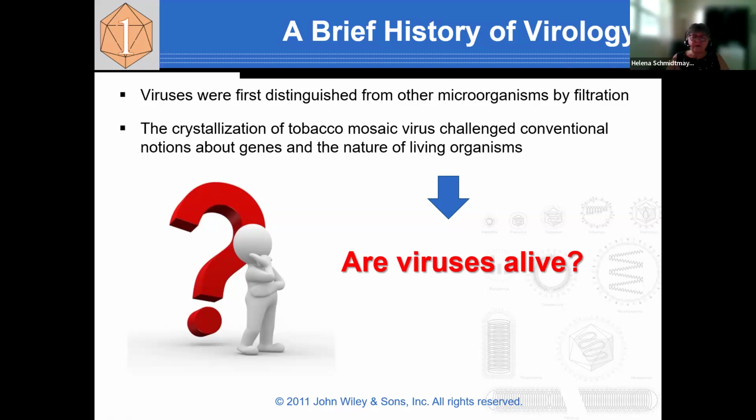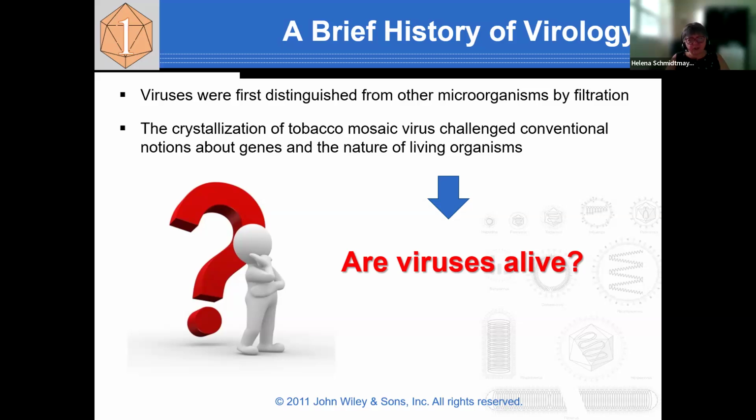First, viruses were distinguished from bacteria because they pass through so-called filtration, through these porcelain filters, which would catch bacteria. So this methodology established that there are some infectious agents which are smaller than bacteria and they could pass through this filter.